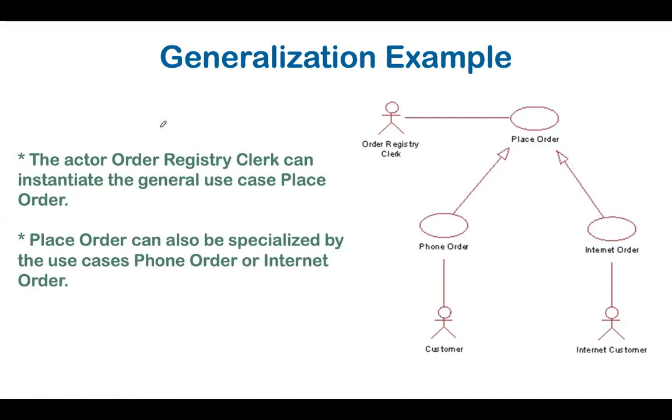Now an example: the order registry clerk, which can instantiate the general use case place order. We have place order, where we have the different use cases and actors: the order registry clerk, another actor as the customer, and another actor as the online customer.